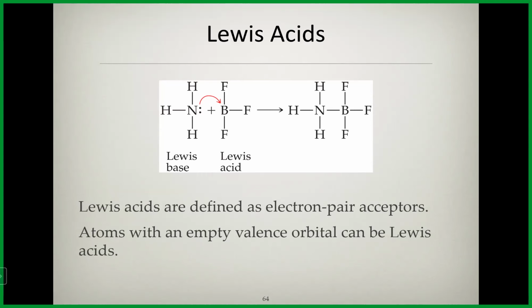And then there's another example, which is the Lewis acid, and this has to do with electron pairs. The Lewis acid is what is accepting the electron pair. The Lewis base is what's donating them.